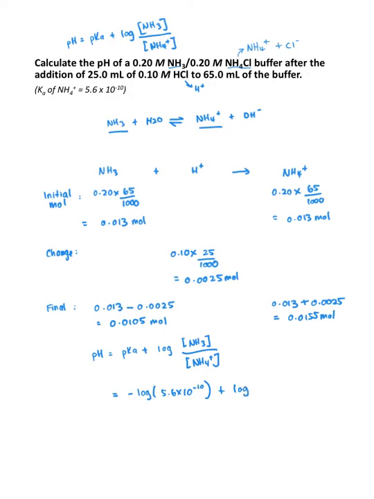And you have calculated the number of moles, so to get concentration, you just take moles divided by the volume. For NH3, the number of moles divided by volume, where the volume is now 25 ml plus 65 ml, so that's 90 ml. And similarly for NH4+, you have the number of moles divided by the volume, which is 90 ml.